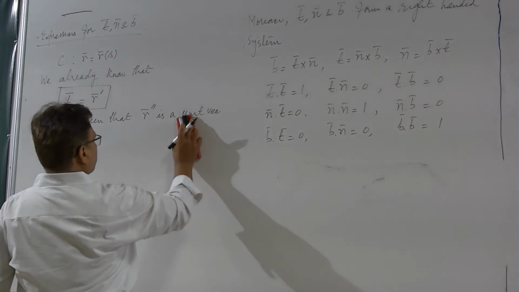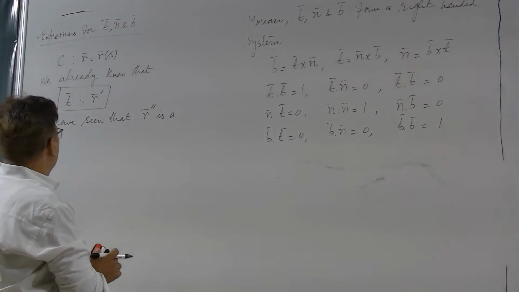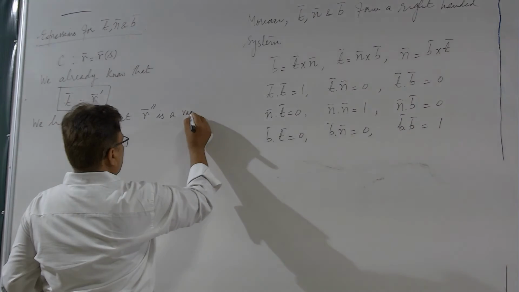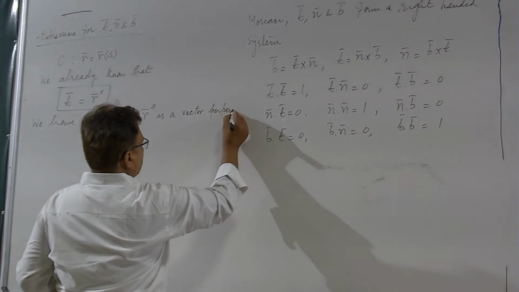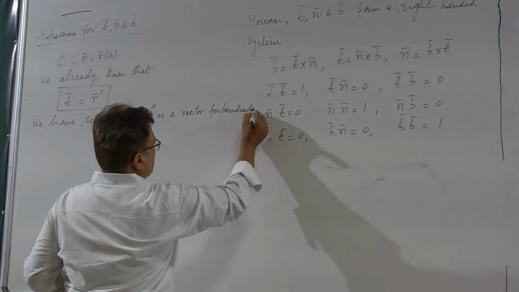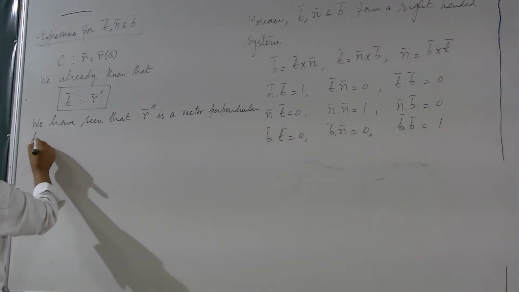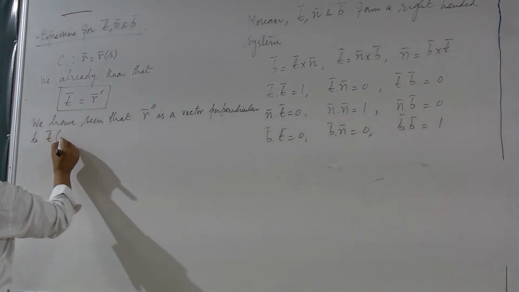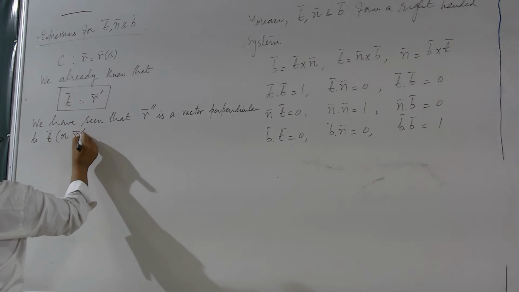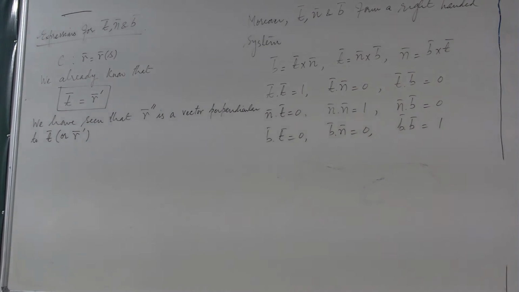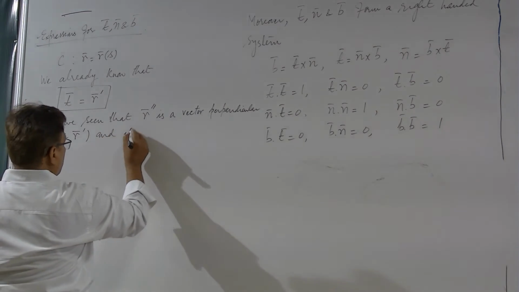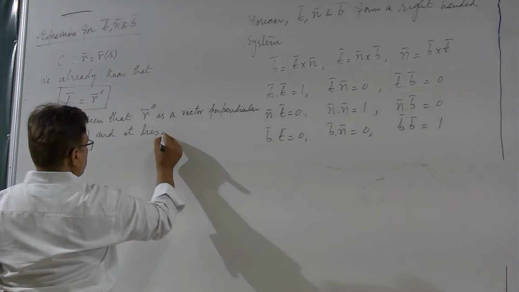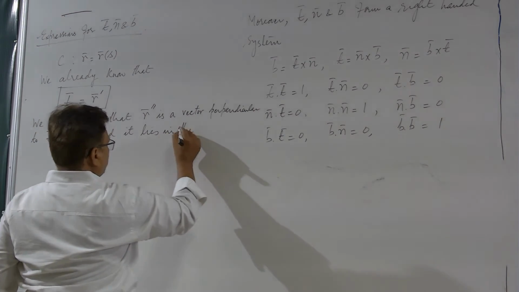R double dash is a vector perpendicular to T, or R dash, whatever you call it, and it lies in the osculating plane. We just observed this fact.